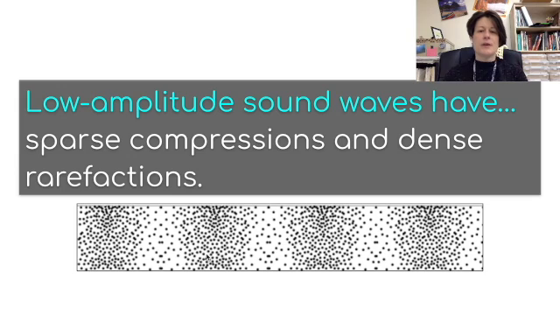Low amplitude sound waves have sparse compressions and dense rarefactions. We can see in this picture, there's a little less difference between the compressions and rarefactions. They're closer together. So that would be lower amplitude for a sound wave, as opposed to our transverse waves where we had the big crest and the deep troughs. So that's how amplitude differs for longitudinal waves compared to transverse waves.